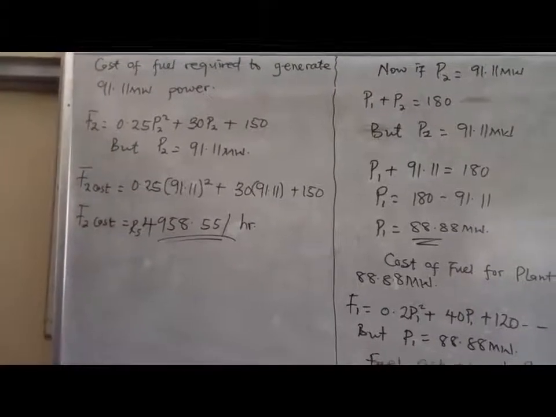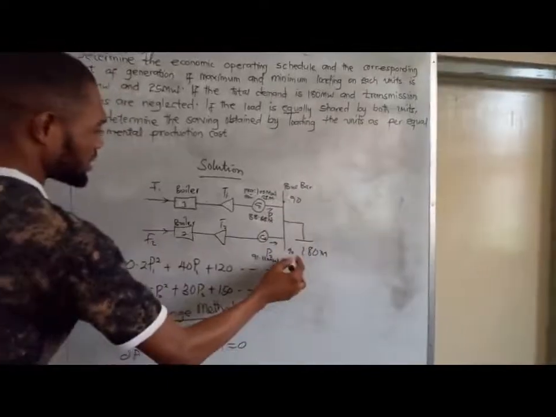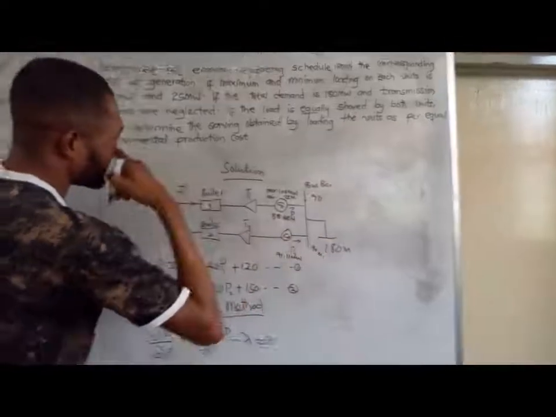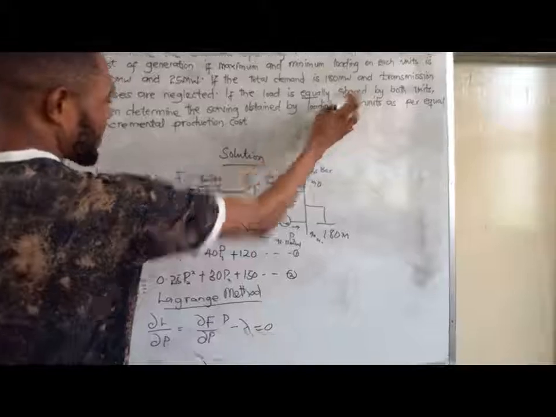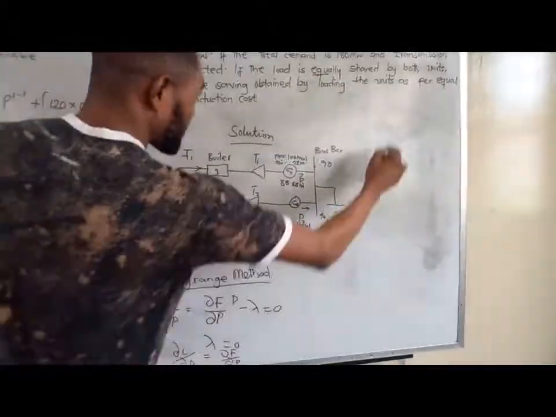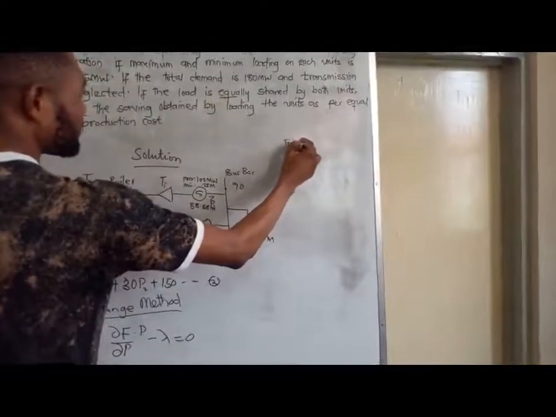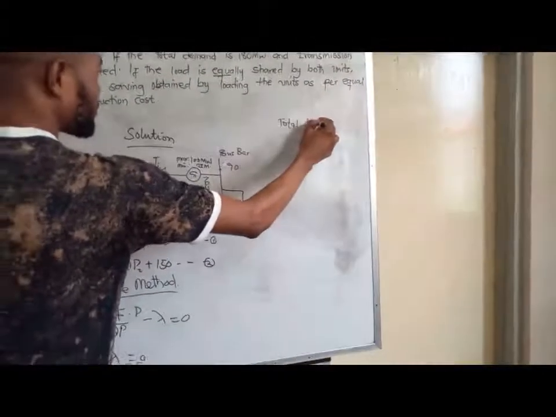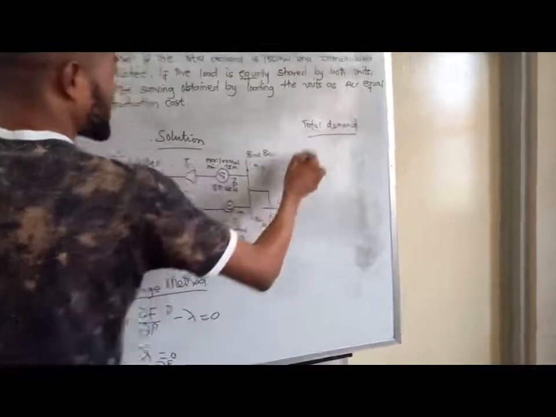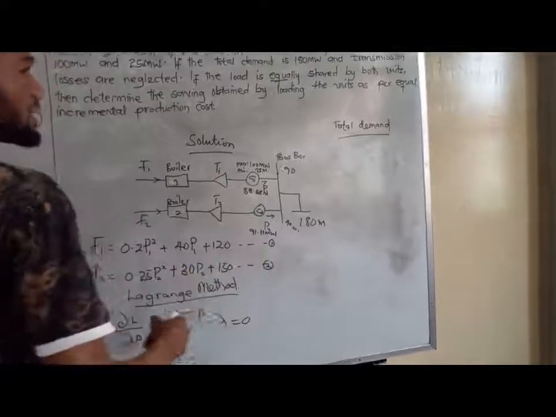Economically, let's then see if we divide the load into 90 megawatts each, because they are set at equal share and the load demand is 180. Equal share means that total demand is divided by the total number of generators that are on.